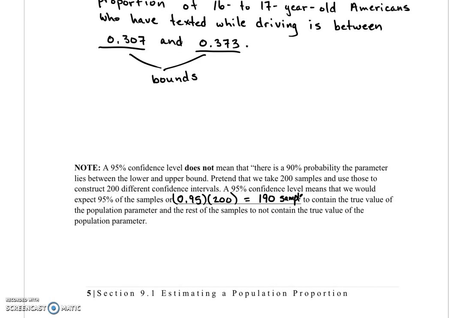So we would expect 190 out of 200 samples to contain the true value of the population parameter, and the rest of the samples would not contain the population parameter. So the rest of the samples would be 200 minus 190, or 10 samples.